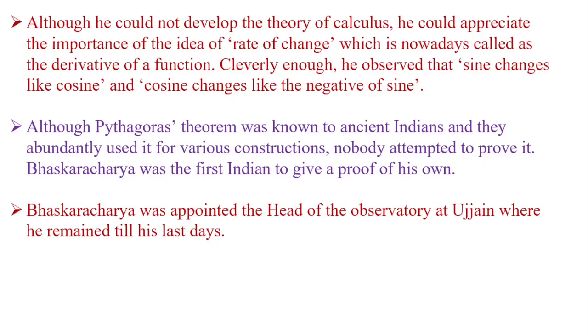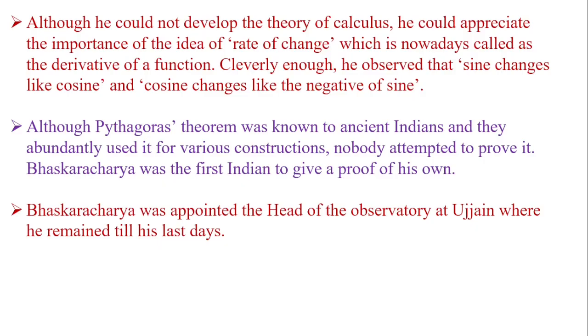Although he could not develop the theory of calculus, he could appreciate the importance of the idea of rate of change, which is called the derivative of a function in modern days. And very cleverly, he observed that the sine function changes like the cosine function, and the cosine function changes like the negative of the sine function.